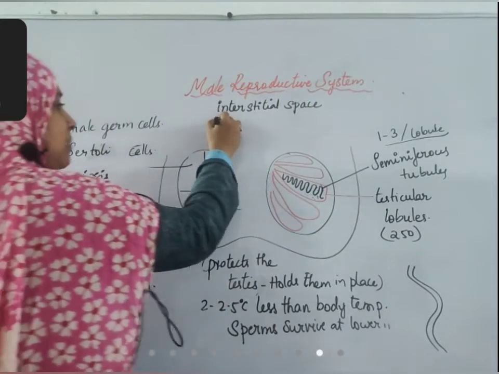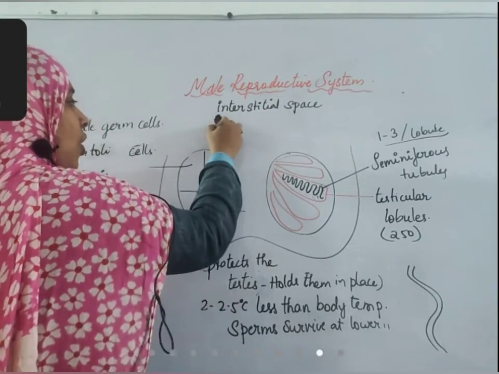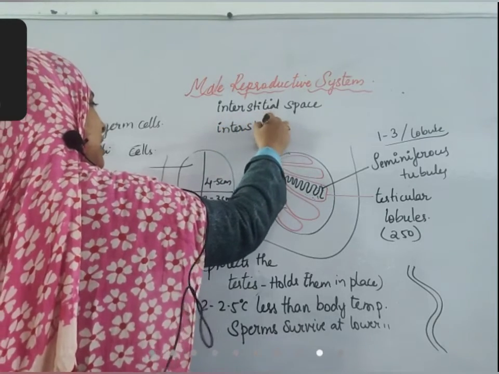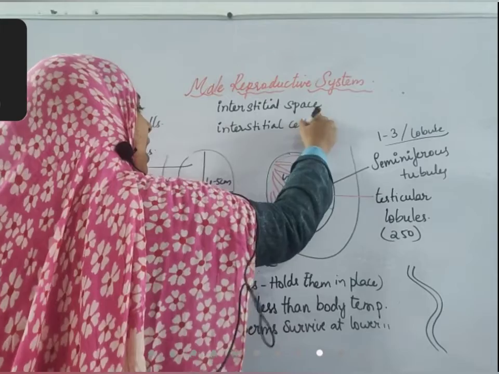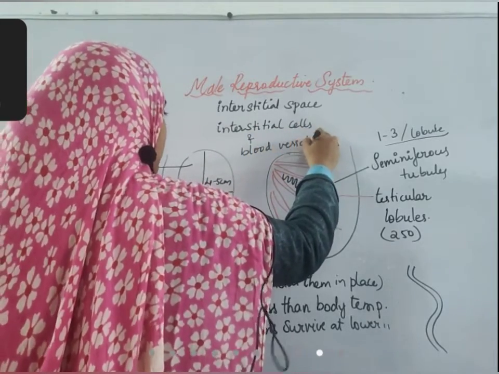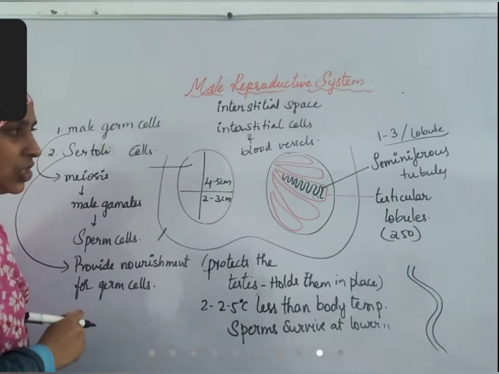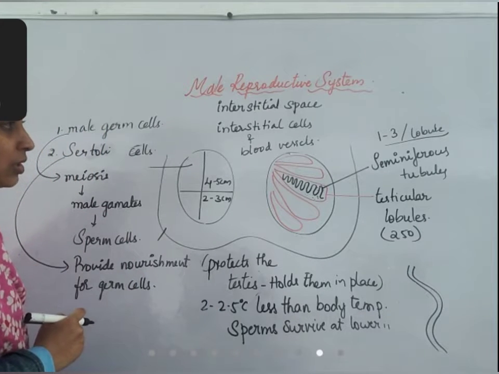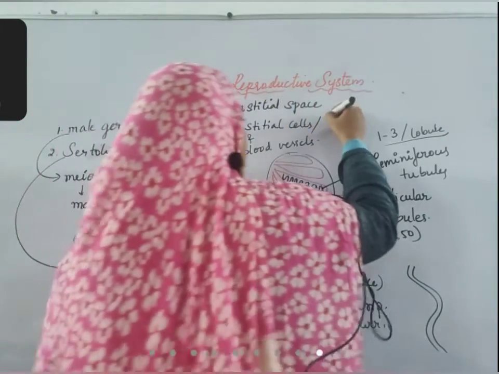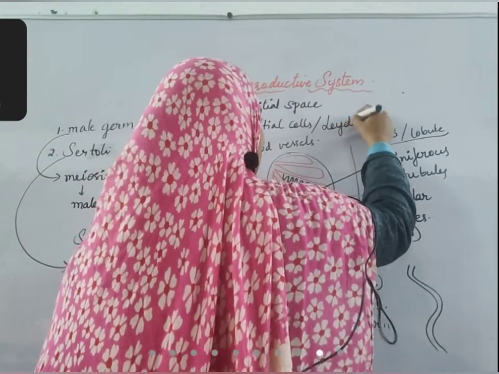Interstitial space is composed of interstitial cells and blood vessels. These interstitial cells are also called Leydig cells.